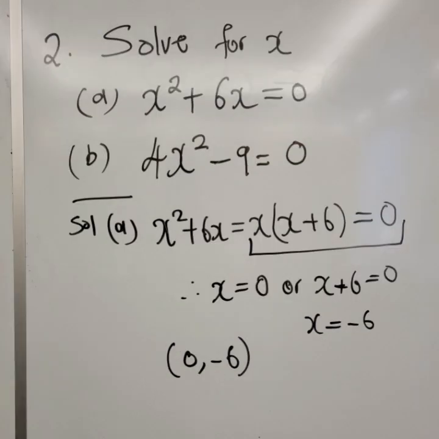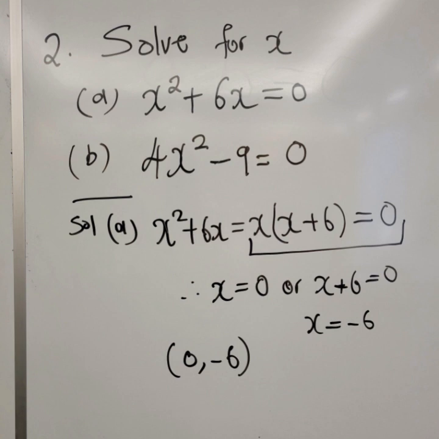We have x squared plus 6x is equal to 0, and 4x squared minus 9 equal to 0. So all we need to do is factor out x, right? So we can write x squared plus 6x as x, that is x plus 6, and this is equal to 0. Then we can use the zero factor principle.